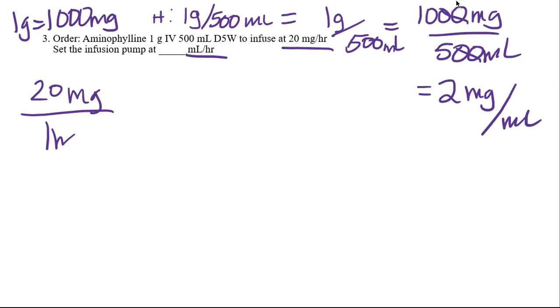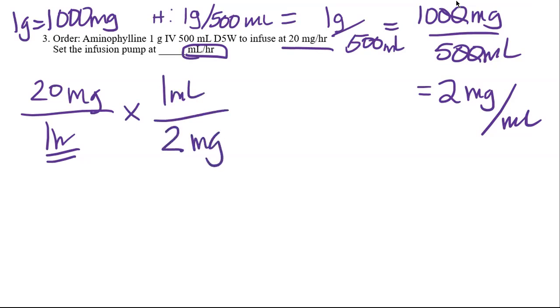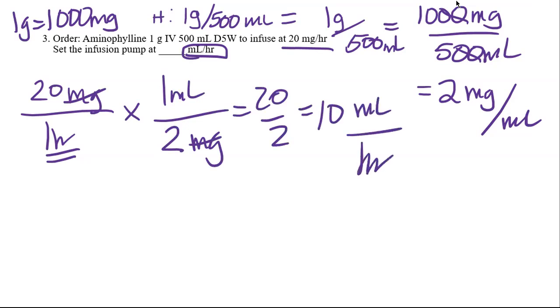What we want is milliliters per hour. We've got hour down here. We need milliliters. So let's flip this over here and do 1 ml divided by 2 milligrams. Okay, so we kill the milligrams, and we've got 20 divided by 2, which is 10 milliliters per hour, and that's your answer. All right.